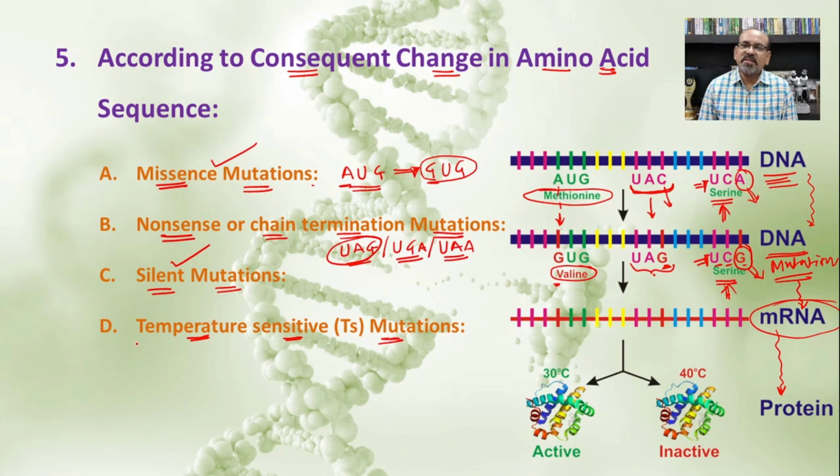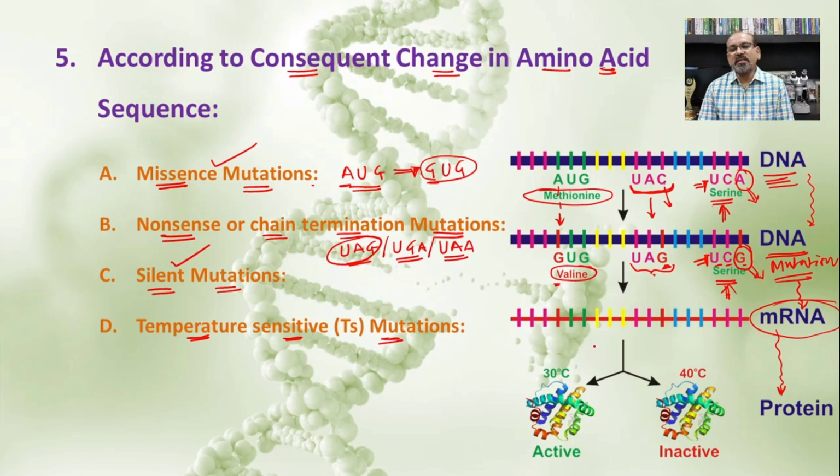So whatever change is on the DNA will enter the RNA, and through the RNA it will enter the protein, and these proteins are responsible for the different phenotypic expressions in the body. Hence after the mutation in the sequence of nitrogen bases on the DNA, there is an expression of phenotypic effects.